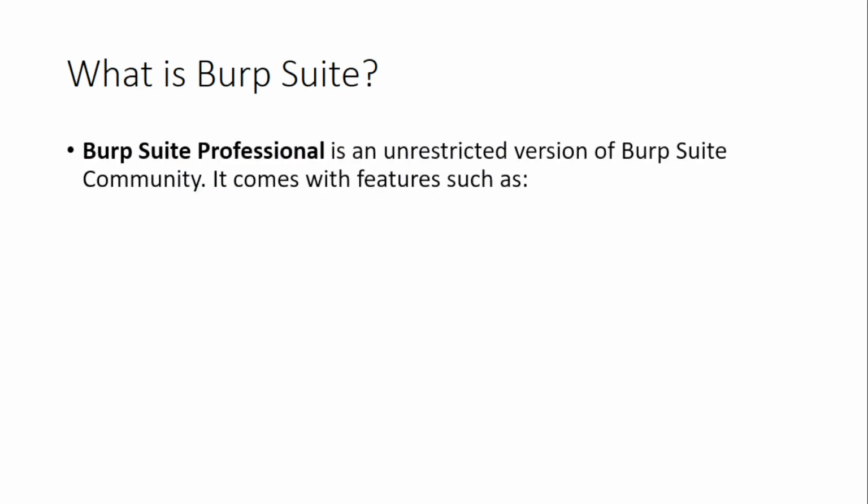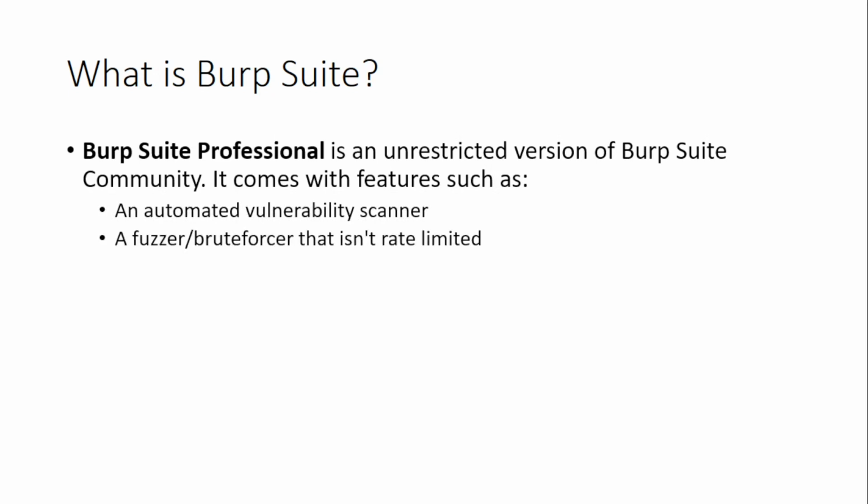Burp Suite Professional is an unrestricted version of Burp Suite Community. It comes with features like an automated vulnerability scanner, a fuzzer and brute forcer that isn't rate limited, because on the Community edition it is heavily rate limited.